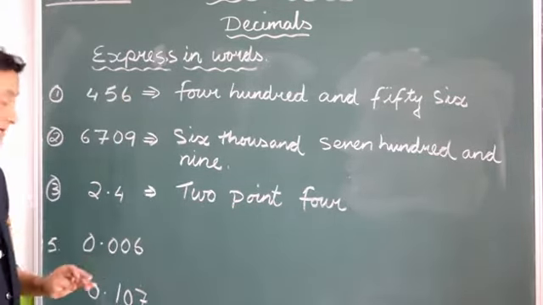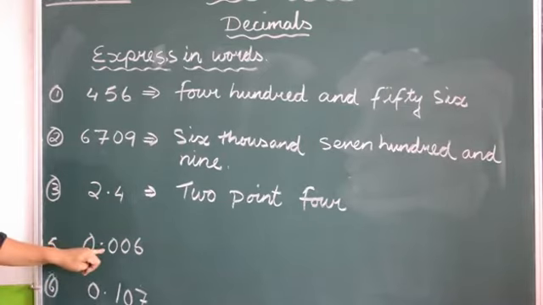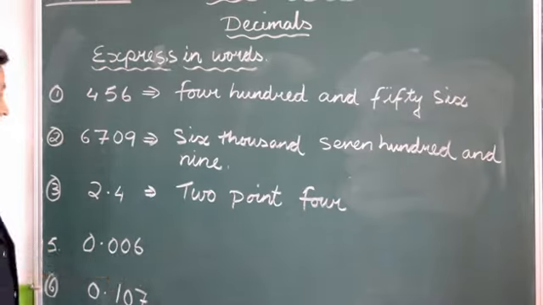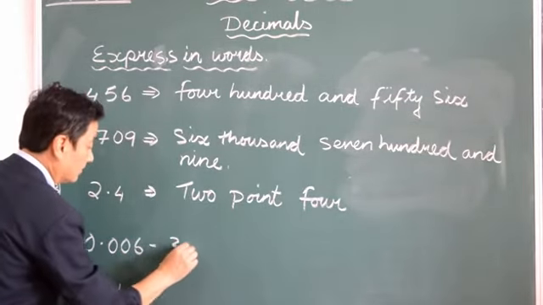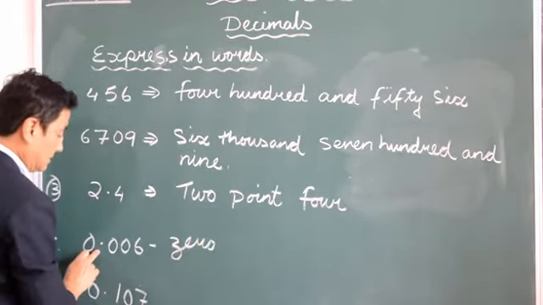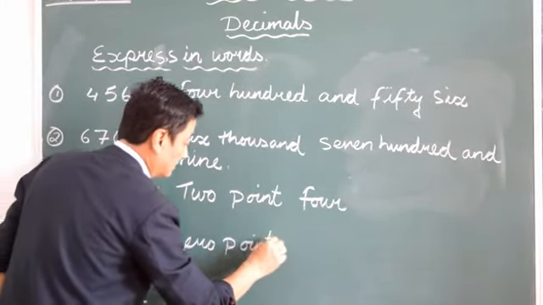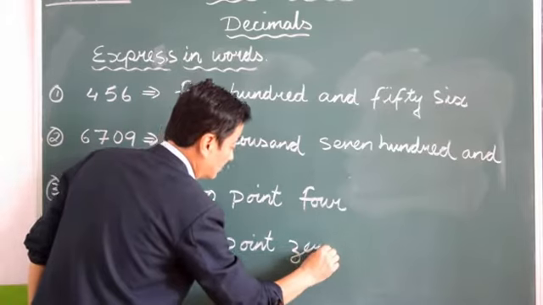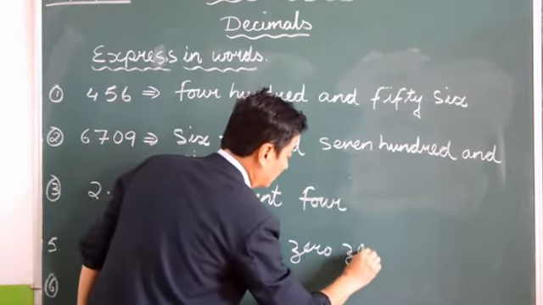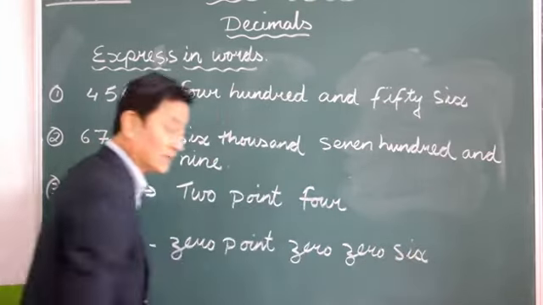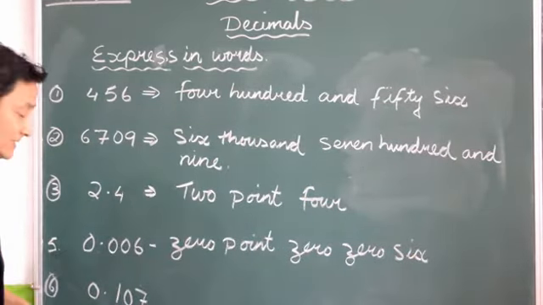First, let us read the numbers. 0 point 006. 0 point. 006. You got that? I hope you are understanding now.